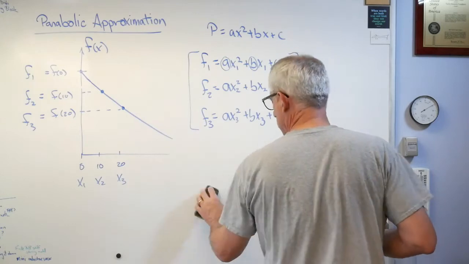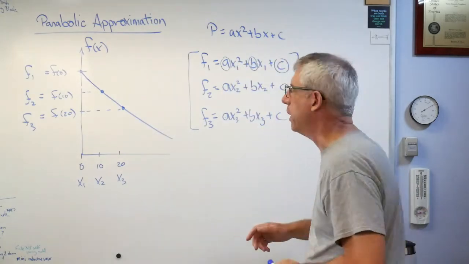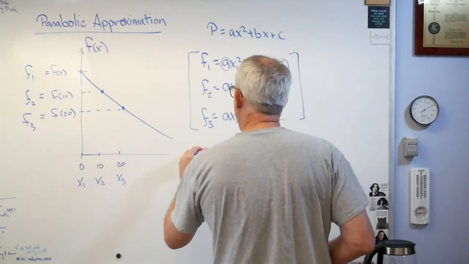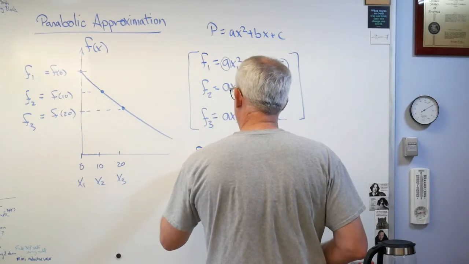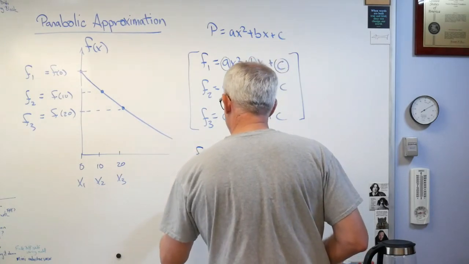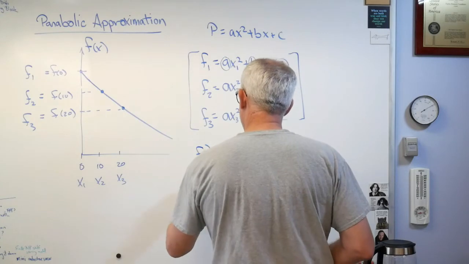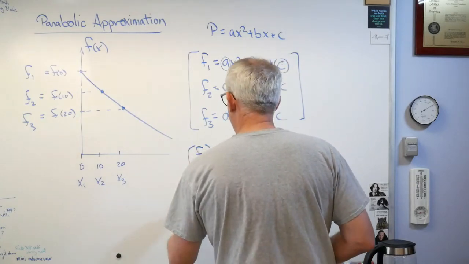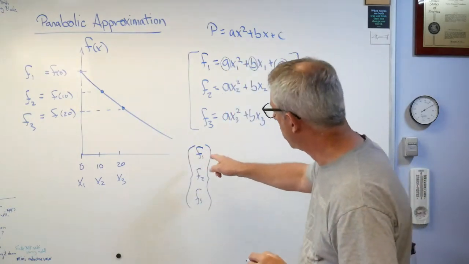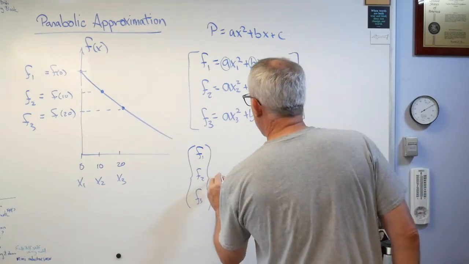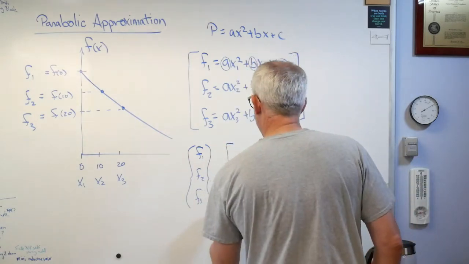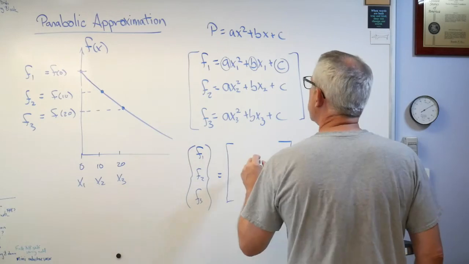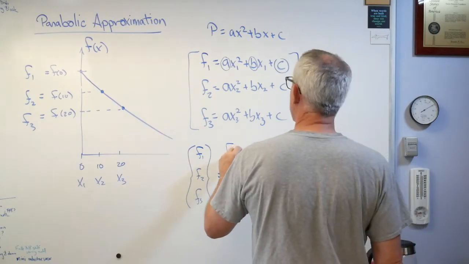If I want to write this out, we have plenty of room. Okay, I want to write this out. F1, F2, and F3. I'm going to write those out as a vector. These braces here mean vector. And then I'm going to write out a list of numbers. And these are numbers. These are not unknowns.